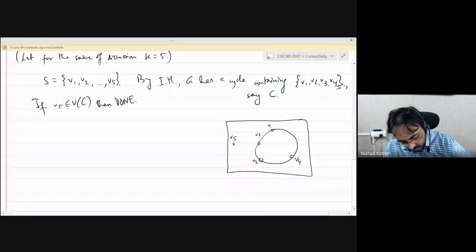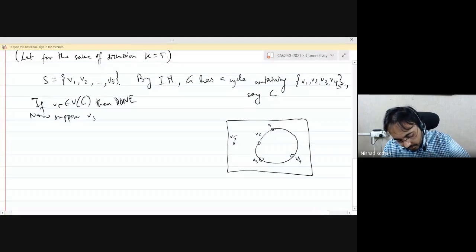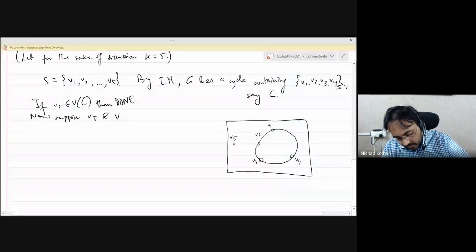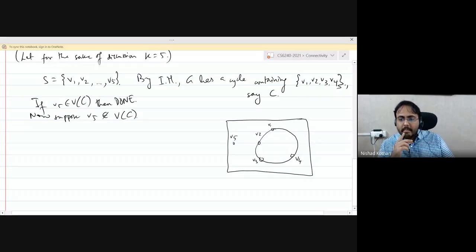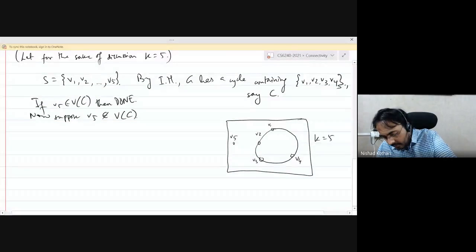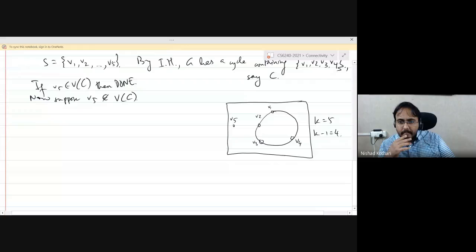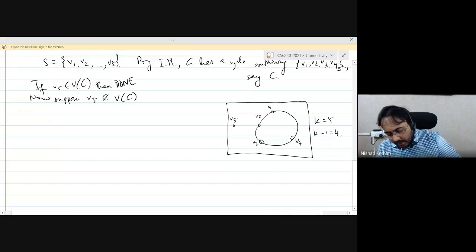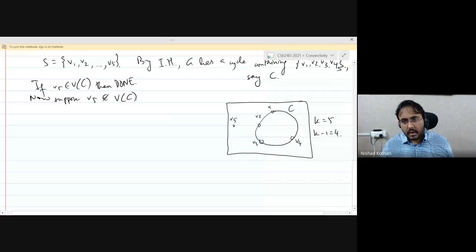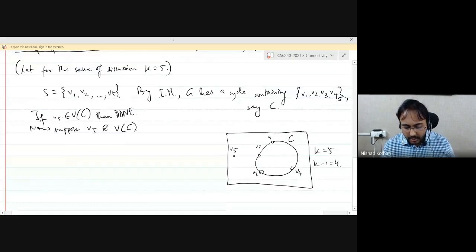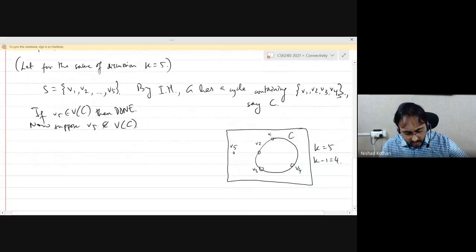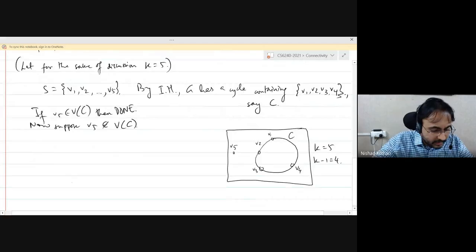So now suppose V5 is not a vertex of this cycle. Just to remind you, K is 5, K minus 1 is 4. Of course the cycle may contain other vertices. We don't know for sure. So let's call Y the vertex set of the cycle.